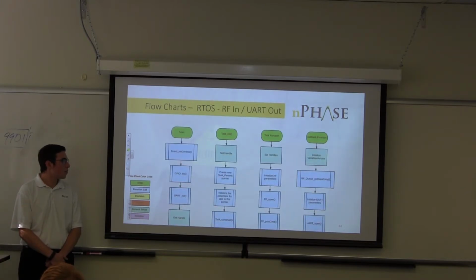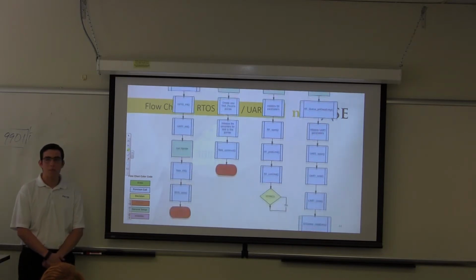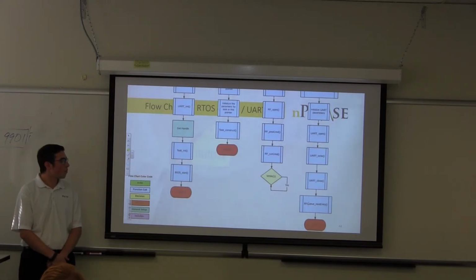So in this task function, we're going to be initializing the RF parameters, opening up RF, setting to the frequency, and reading in. And we're going to be reading in continuously.